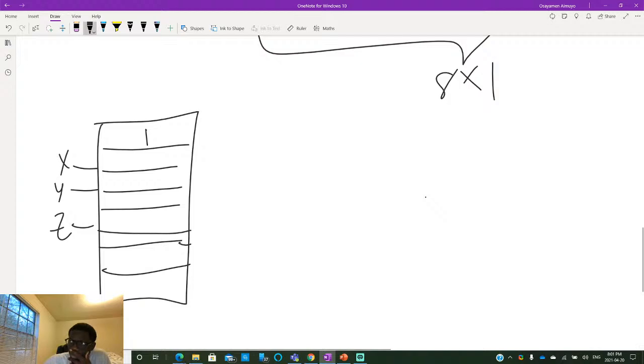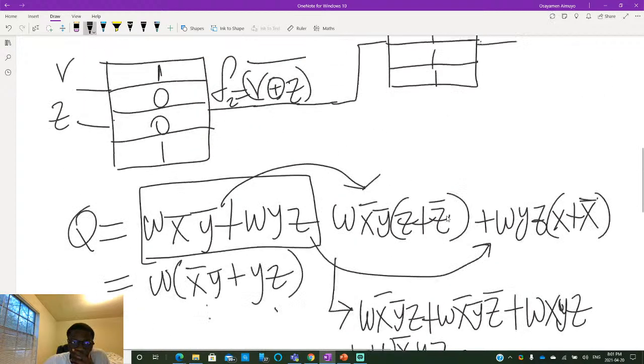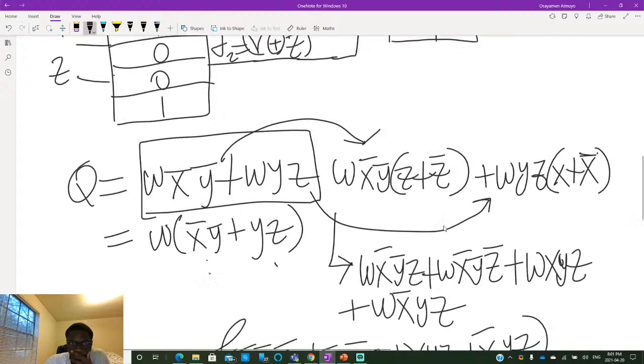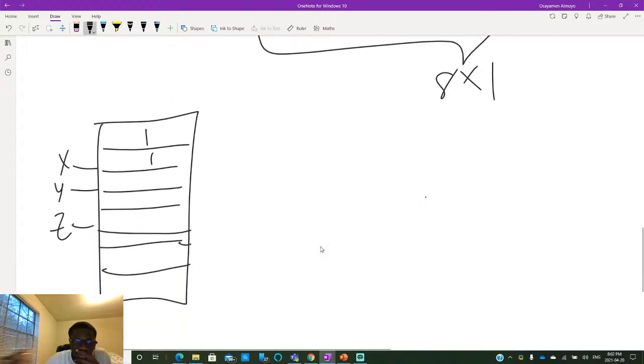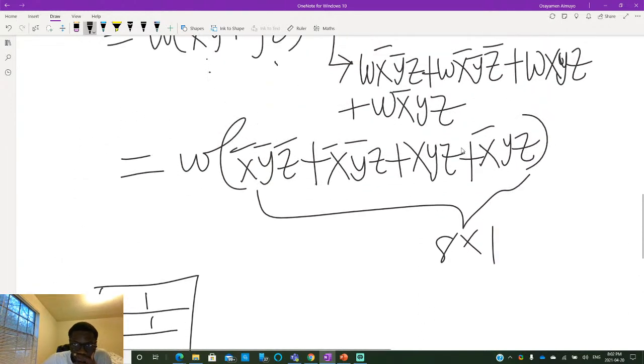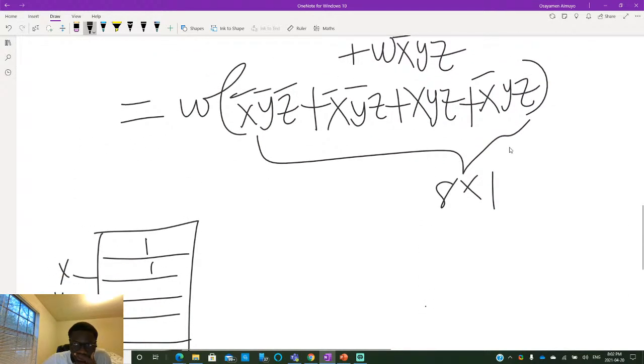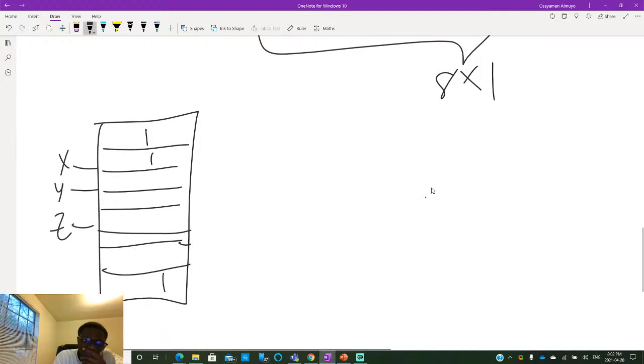X, Y, Z: we have 0, 0, 1 as well, so this is a 1. And then all ones, so it's the last minterm, 1 as well. And then this one is 0, 1, 1, so that's 3, if I'm not mistaken. So the rest is zeros.